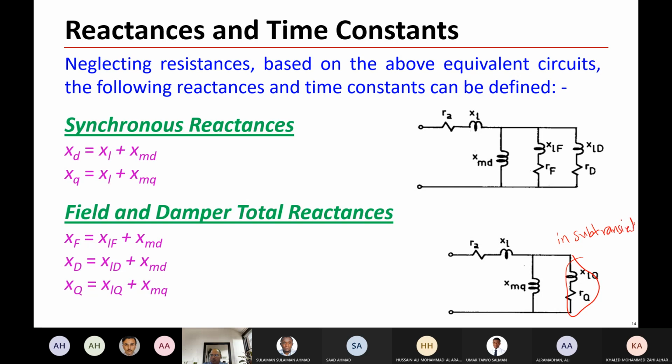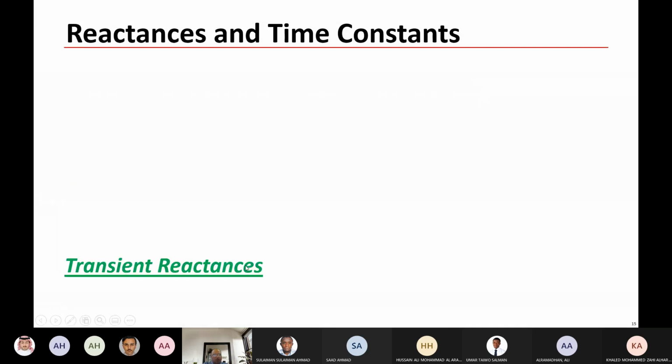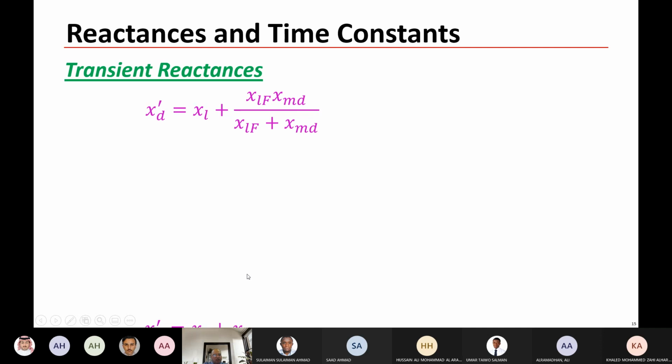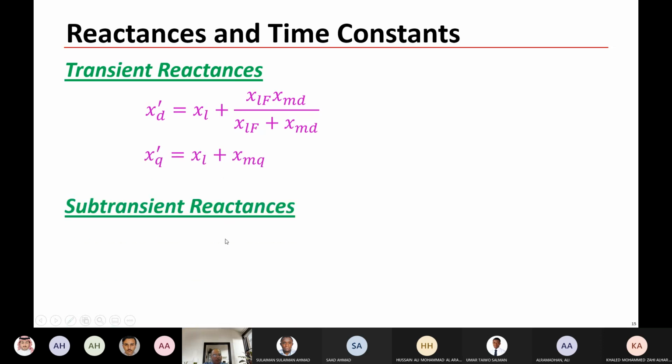This will be involved in our calculation if we are calculating XD double prime or XQ double prime or time constant TD double prime or TQ0 double prime. So in double prime, you can have the effect of the damper winding. Otherwise, the damper winding has no effect in the transient period. So this is a transient reactance, you have XL plus XMQ.